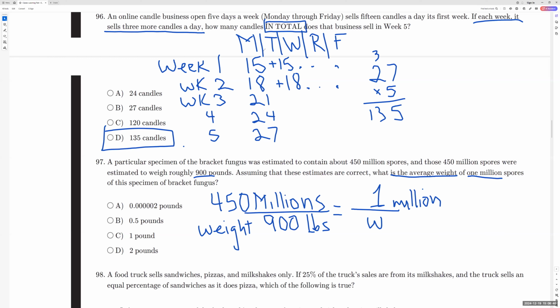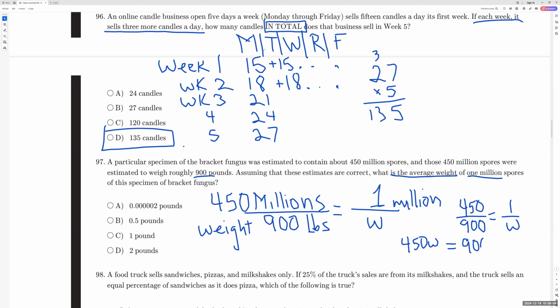And what do we have here? Taking away all the letters to make it just the naked numbers clearly, this is another proportion like we did before. 450 over 900 is equal to 1 over W. Cross multiplying, 450 W is equal to 900 times 1, which is 900.